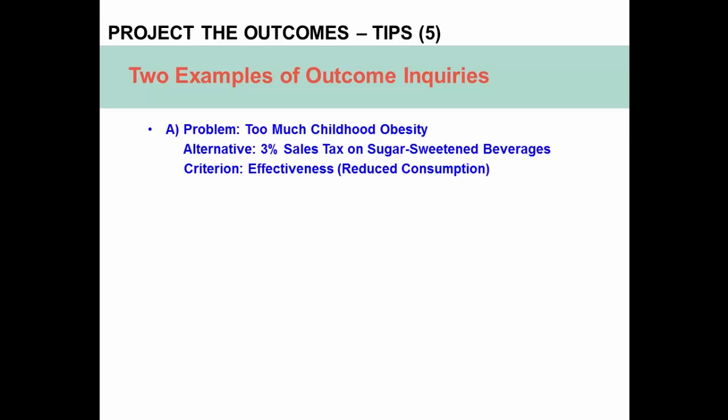The intersection is with the criterion of effectiveness and reduced consumption. On our matrix, we'll have a row named 3% sales tax, a column named effectiveness on reduced consumption, and we'll ask ourselves, what's going to happen?